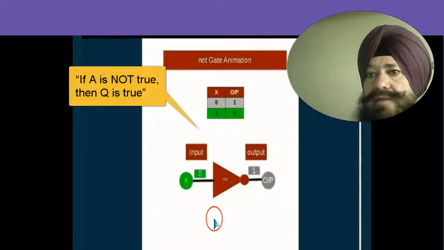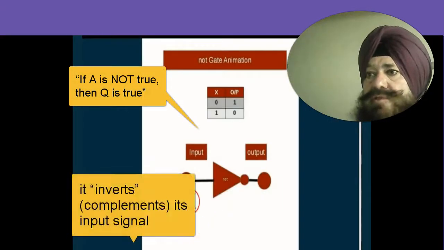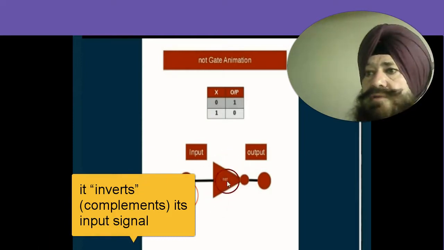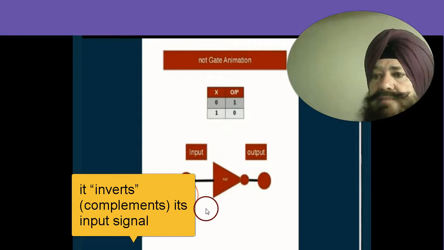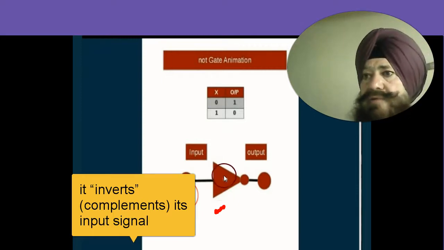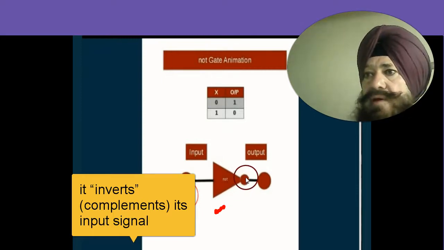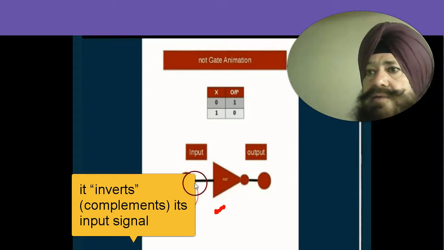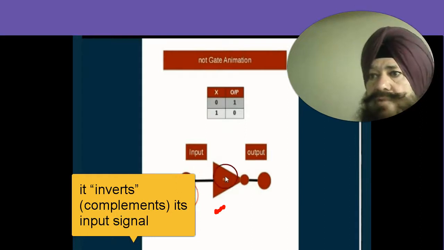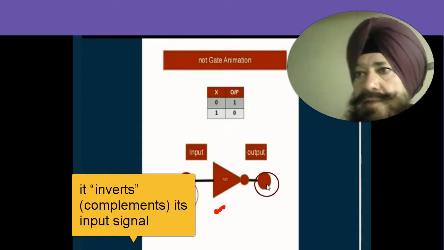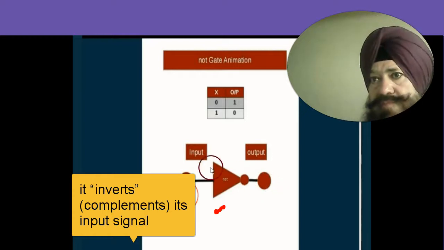Let's come to the point: what about the NOT gate? You know, this is the symbol of the NOT gate. It has a triangle and then a bubble, and there is a single input and a single output, one input and only one output.